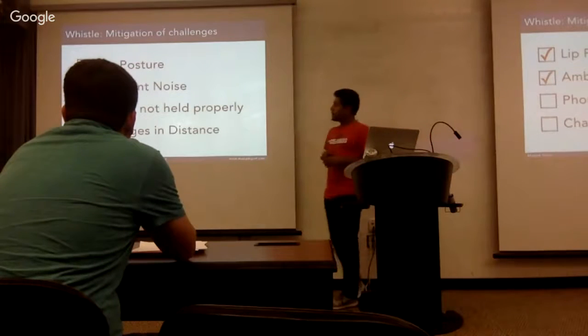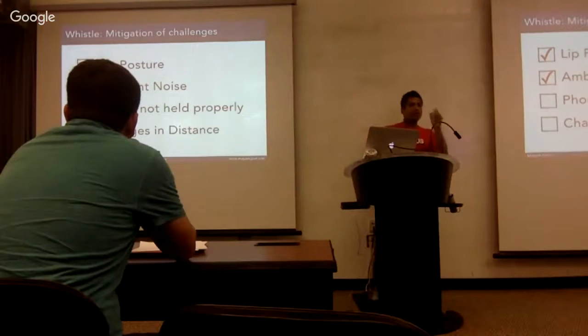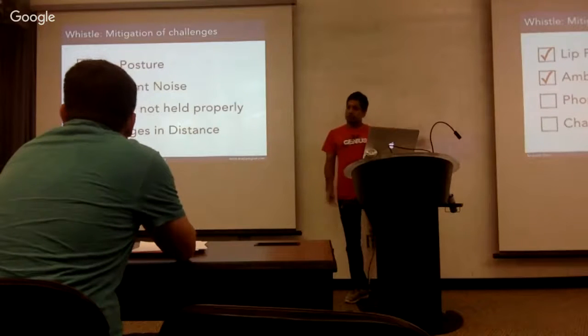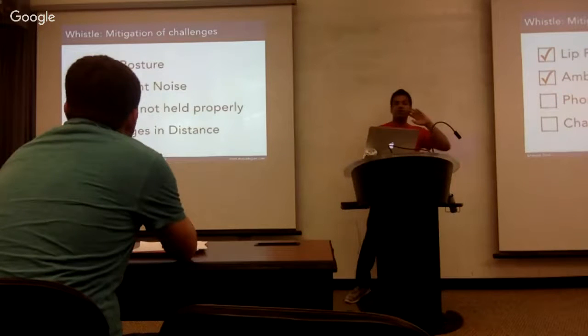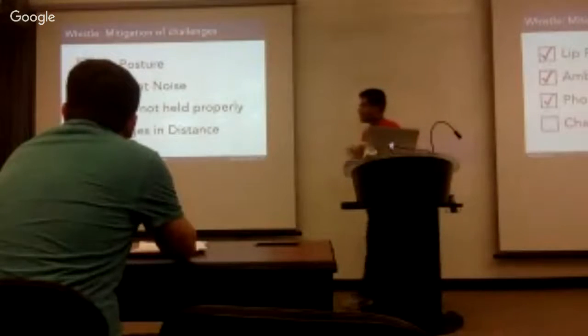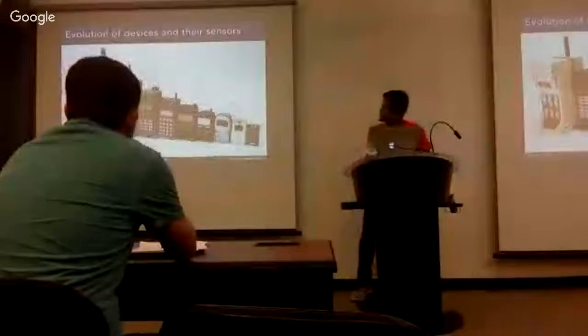The phone not being held or a change in distance is also not a problem because the pitch of the whistle is changing, so it's not dependent on amplitude. The frequency response of the phone or the distance, as long as the algorithm can figure out where the pitch of the sound is, that's all that matters. If it's not there, you can always tell the participant to bring the phone closer.